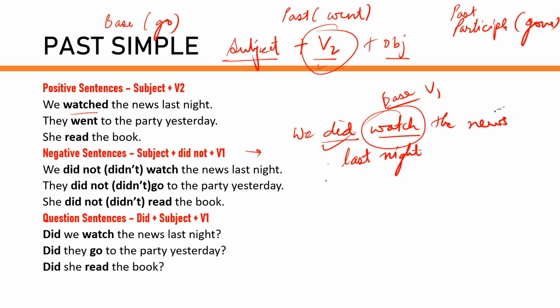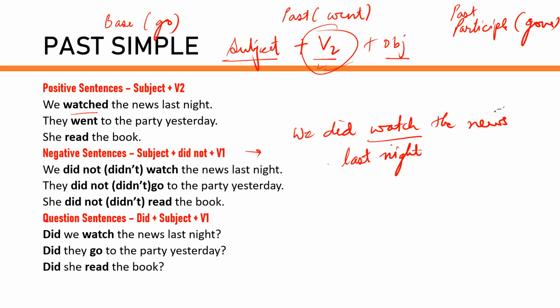If we are adding did, remember this. If there is no did, then you will obviously use the second form of the verb. But if you are using did, then this is automatically the second form of the verb. So we already know that this is in past simple, and so we don't need the main verb to be in second form or past form.